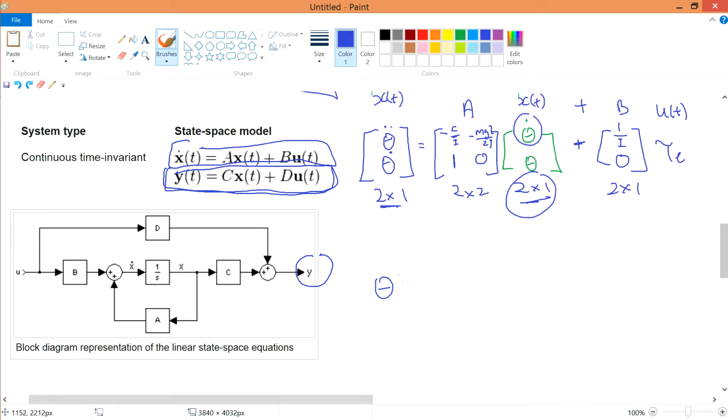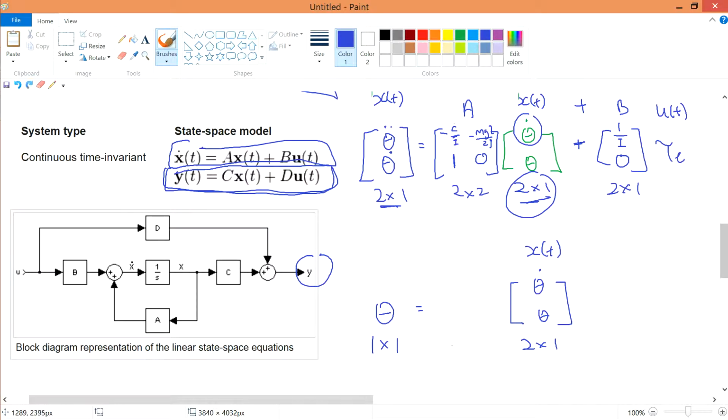Since we know that theta is just a number, a 1 times 1, and xt is in terms of theta dot and theta, I'm just keeping this the same as xt, so this is 2 times 1. So how do we achieve a 1 times 1 matrix?